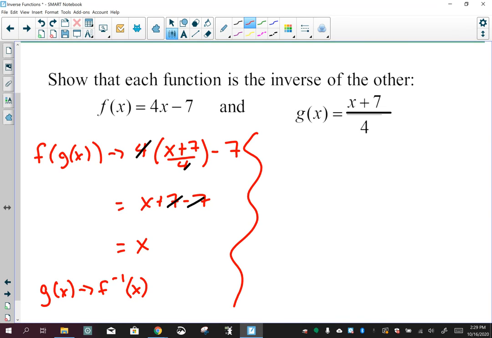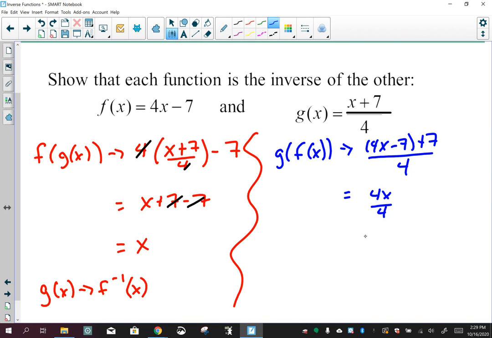And if I do it the other way around, let's try again. If I look at g of f of x, and I compose these two together, so I get, instead of x, 4x minus 7 plus 7 all over 4, which means that when I combine these together, I get 4x over 4.